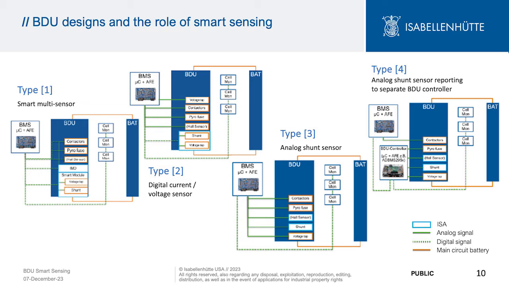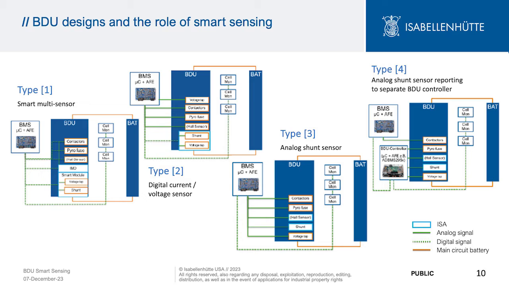In the third layout, we would see an analog shunt sensor. An analog signal would be sent to the BMS, and the analog front end in the BMS would convert that into a digital signal, as well as the other input signals from the BDU would be analog. And the fourth type is basically a subversion of the third type.